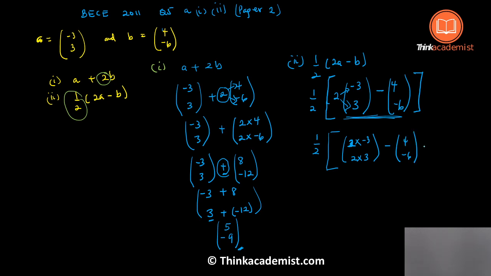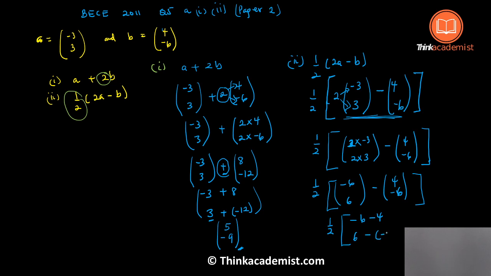So half parenthesis, this will give us (-6, 6), minus into bracket (4, -6). Solving this, we have half parenthesis. We are going to join this. So -6 minus 4, and then 6 minus into bracket -6, because there's a minus here too.